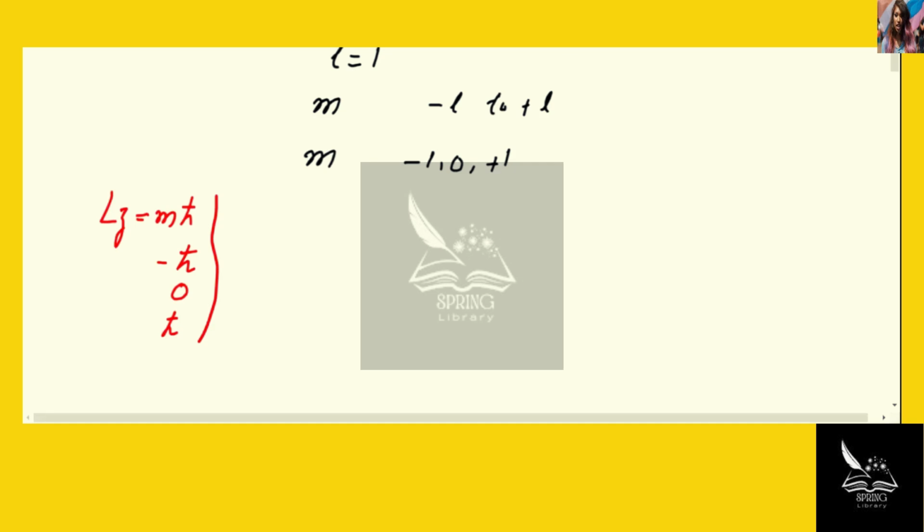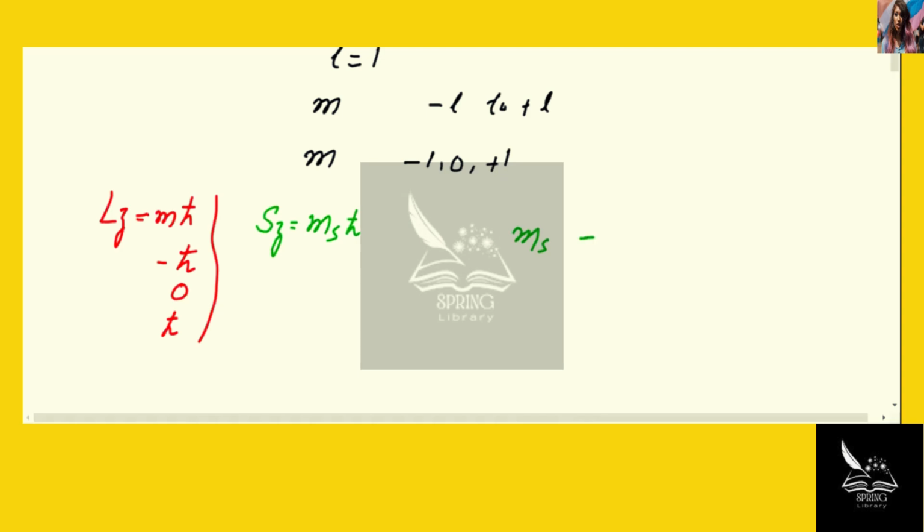Also, we have the z component of spin angular momentum is equal to spin quantum number times h bar. Here we have only two values of spin quantum number.